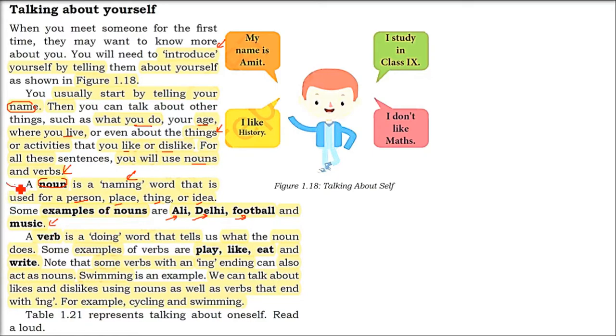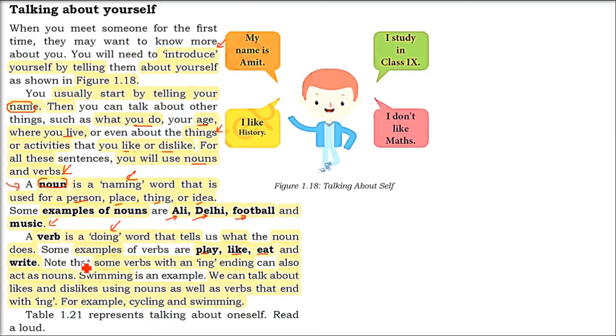And the verb, which is a doing word or an action word, tells us what the noun does. We already knew what a verb was. So, for example, play, like, eat, and write you can use here.